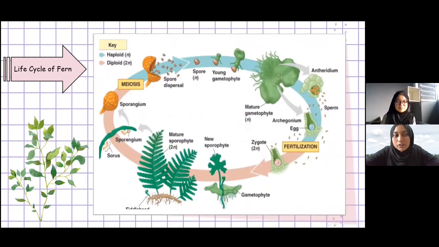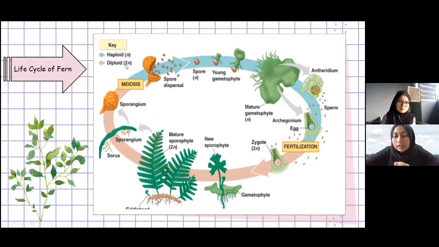So moving on to the life cycle of the fern. I will begin from the mature sporophyte. First and foremost, we need to investigate what a sporophyte is and what a gametophyte is. Sporophyte is diploid and gametophyte is haploid.